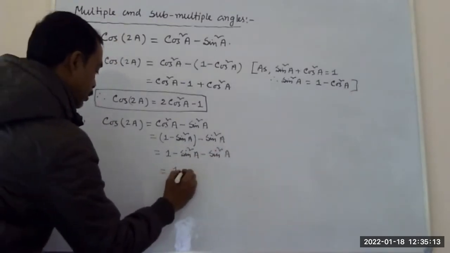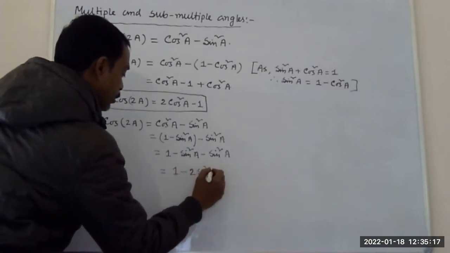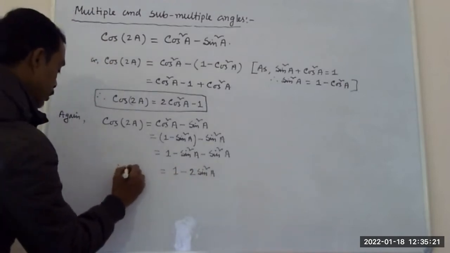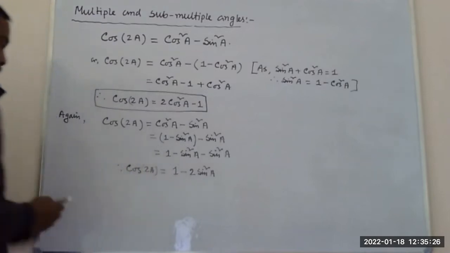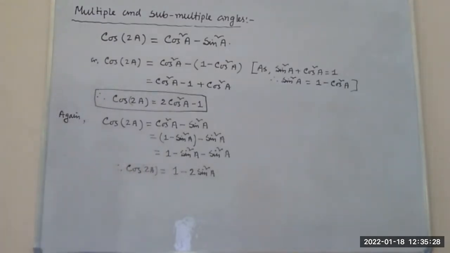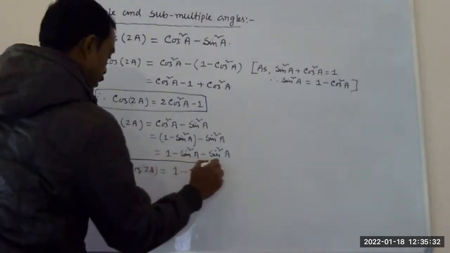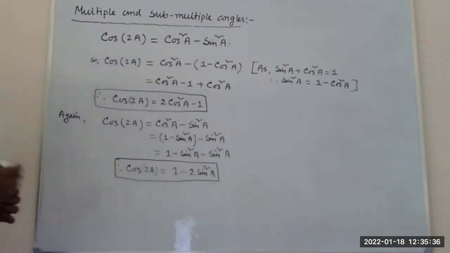That is 1 minus 2 sin square a. So the cos 2a can be written as 1 minus 2 sin square a. So this is another formula of cos 2a.